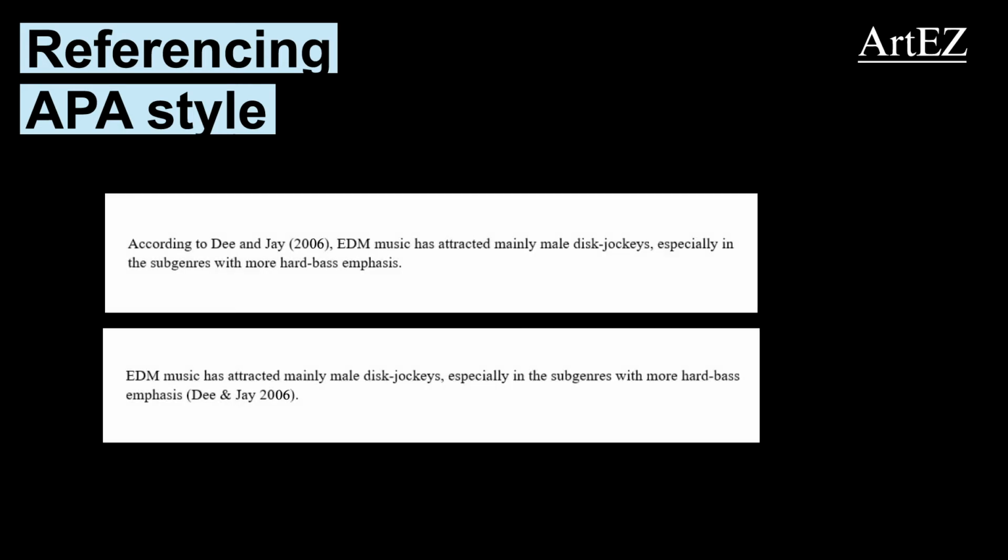The APA General website is www.apastyle.org. We will now show you one active and one passive mock-up example of proper APA style referencing in line. According to D&J 2006, EDM music has attracted mainly male disc jockeys, especially in its subgenres with more hard bass emphasis.